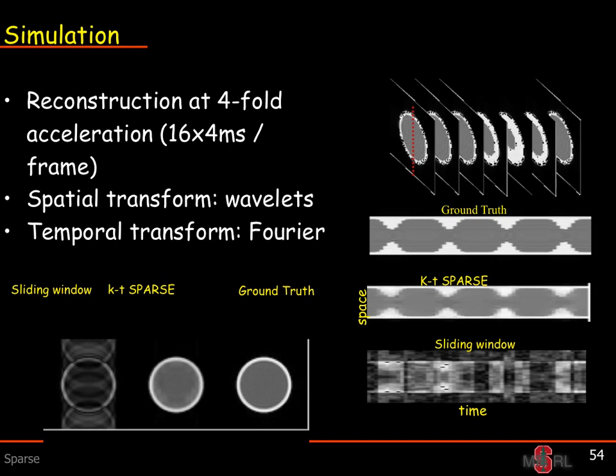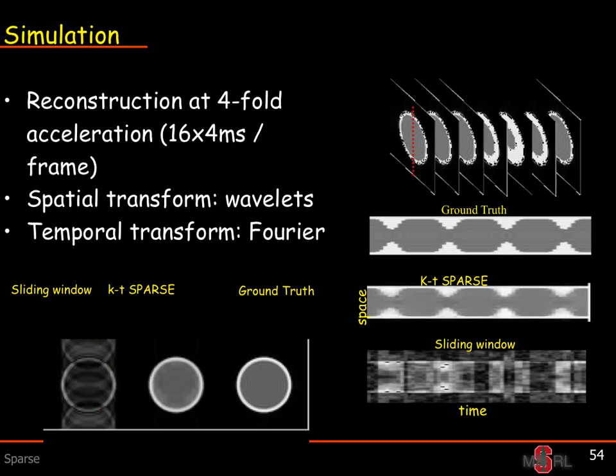So here's the results of this simulation. Here what we did was reconstructed this data with fourfold acceleration, where we had 16 frames at 4 milliseconds per frame, and used a wavelet transform to provide sparsity in the spatial domain, and a Fourier transform for sparsity in the temporal domain. A sliding window reconstruction, just looking at a single time frame here, gives lots of ghosting, as you would expect.